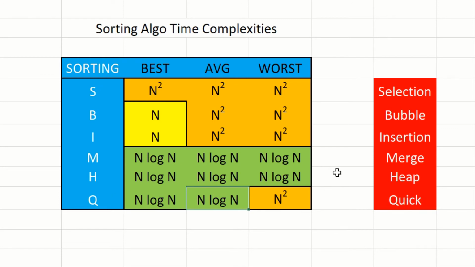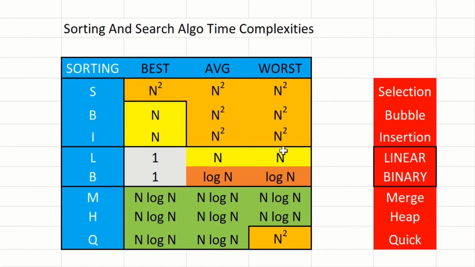And there are two searching algorithms, with searching time complexities also. How to remember this? Here, insert them in between, after the SBI. After the SBI, LB, it's like LB Nagar.